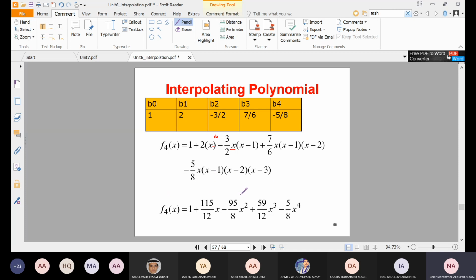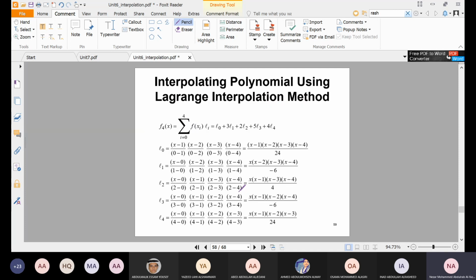This should equal the polynomial if we use Lagrange. Okay, so if we have fourth order here, this will take from 0 to 4, so we have terms L0, L1, L2, L3, L4. L0 should be multiplied by f at x0, and f at x0 is 1.